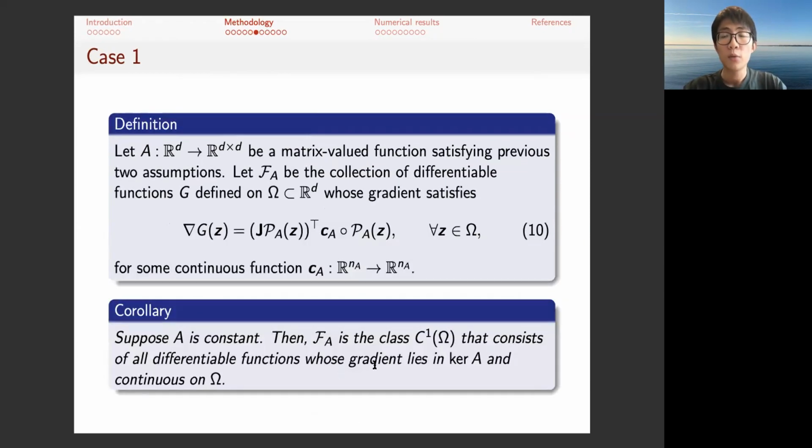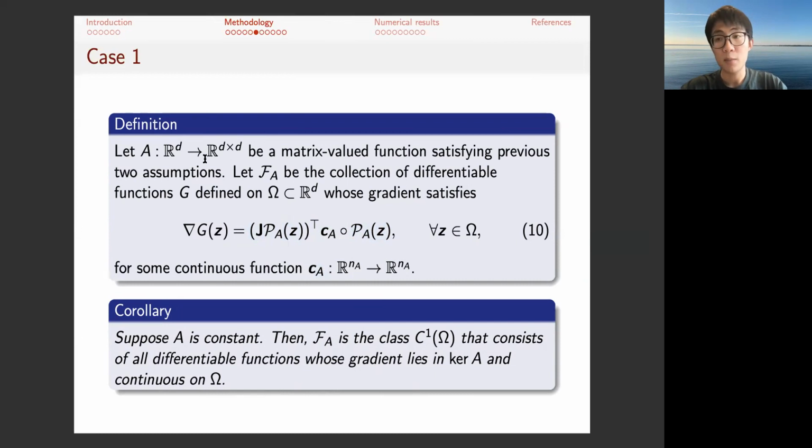And we actually proved a universal approximation theorem, in the sense that we define F_A to be the collection of differentiable functions G, whose gradient takes the form of the Jacobian P_A transpose times C_A composed with the projection composed with P_A z, for some continuous function C_A.